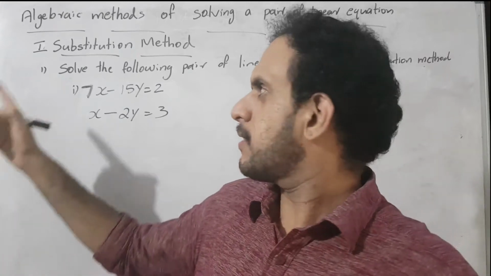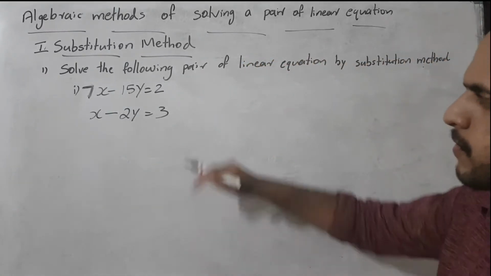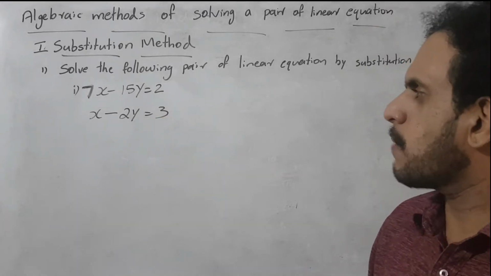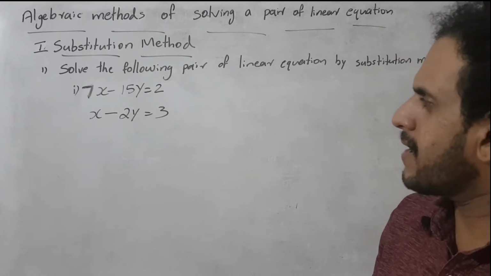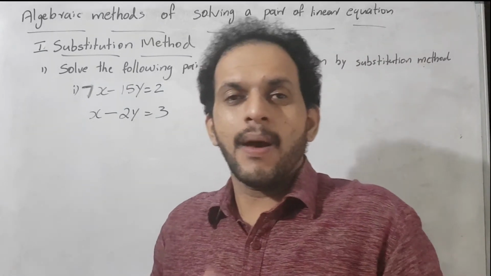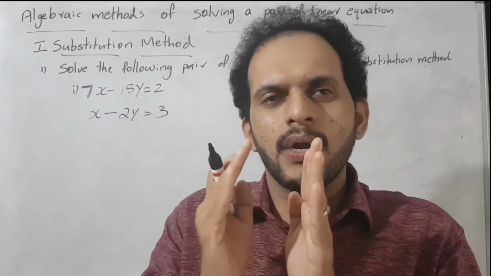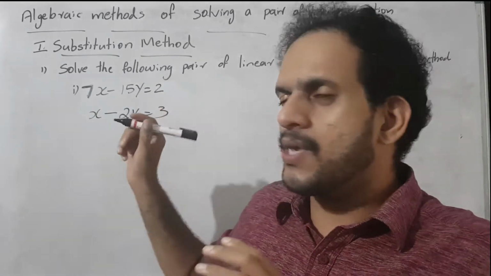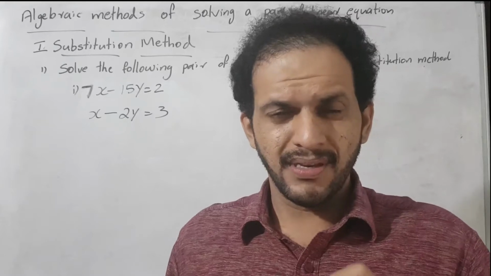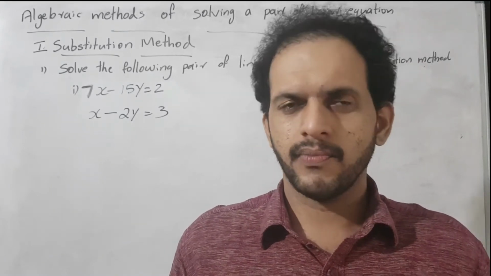The first question is: solve the pair of linear equations by the substitution method. The first one is 7x minus 15y is equal to 2 and x minus 2y is equal to 3. The main idea of the substitution method is to convert any one of these equations in the form of x is equal to or y is equal to.